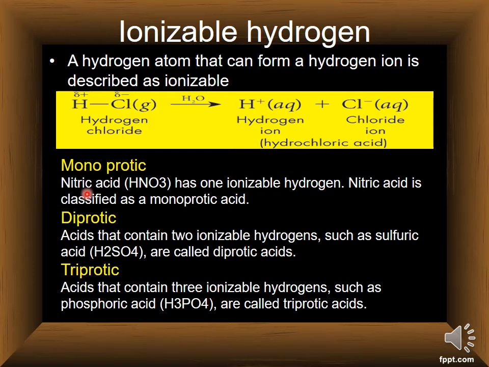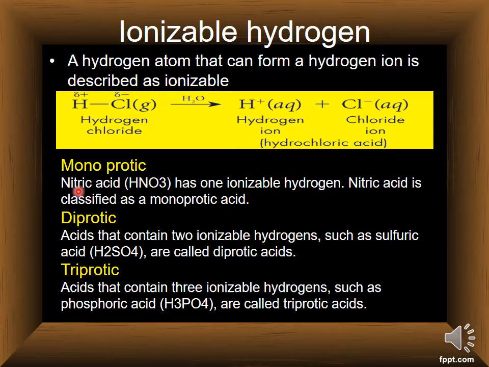Mono means one. Protic comes from proton. So monoprotic acid means the acid which contains only one hydrogen, or which can donate only one hydrogen ion to the aqueous solution.